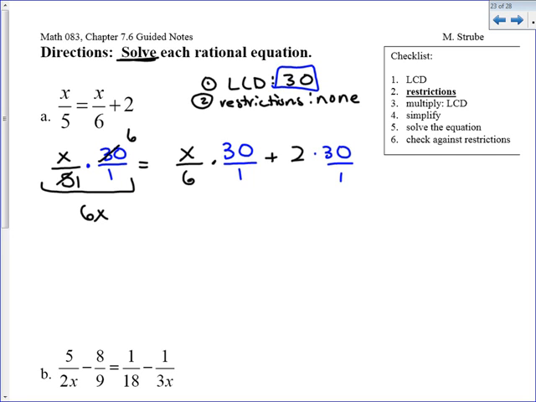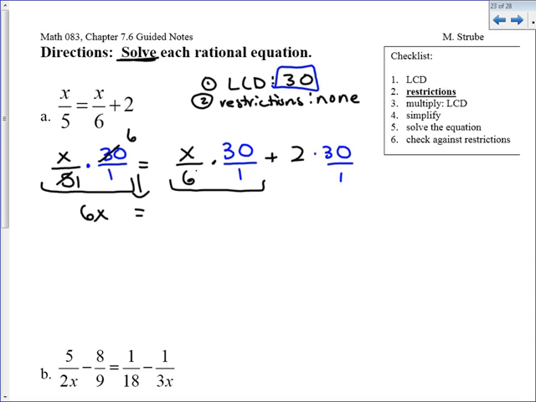So look, we got rid of the fraction there. It's just 6x now. It's going to be a lot nicer to work with. Don't forget to bring down your equal sign. That's one of the big problems I see with these problems where people get confused is they don't bring down their equal sign and they're just left with a mess. All right, let's look at the next term. X over 6 times 30 over 1. What could I simplify there?